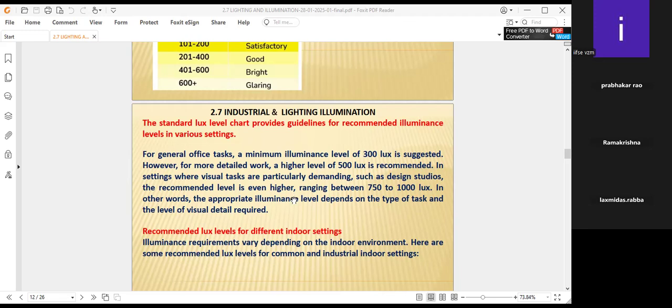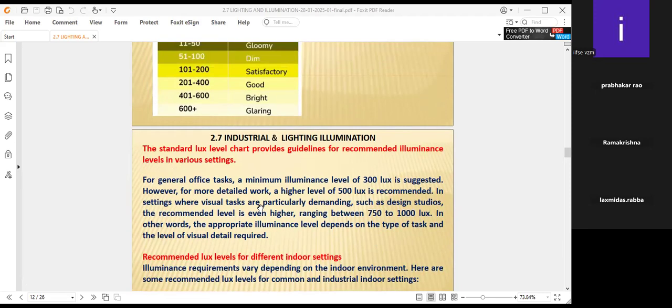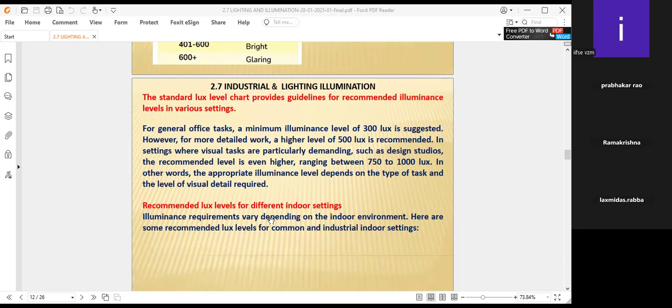That is why we have to decide as per the workplace, as per the experience of our workplace safety, and as per the statistics. But no act says it should be this much. No standard lux is given anywhere in the standards.